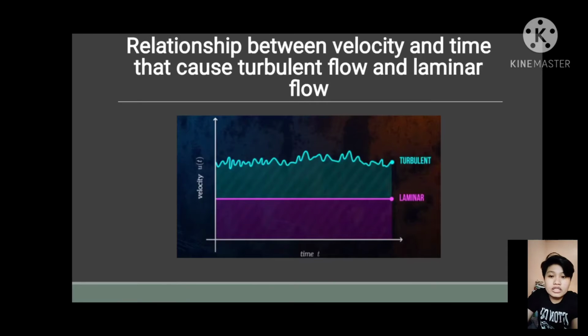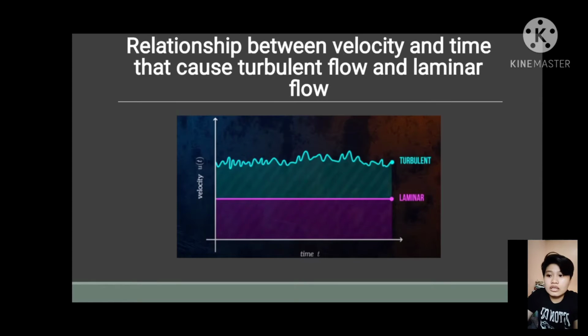Next is the relationship between velocity and time that distinguishes turbulent flow and laminar flow. This is a graph between velocity and time to see how the flow behaves with respect to time.